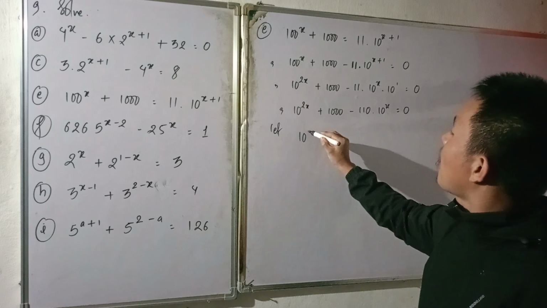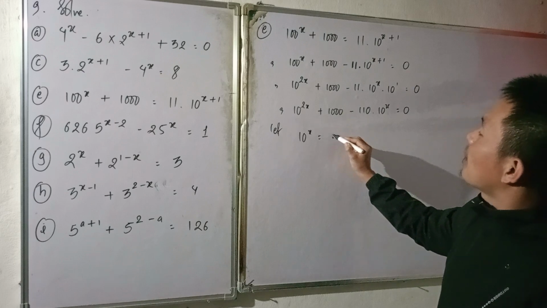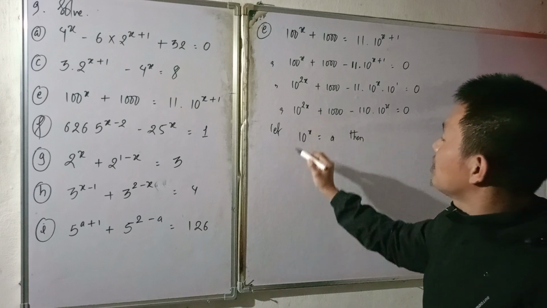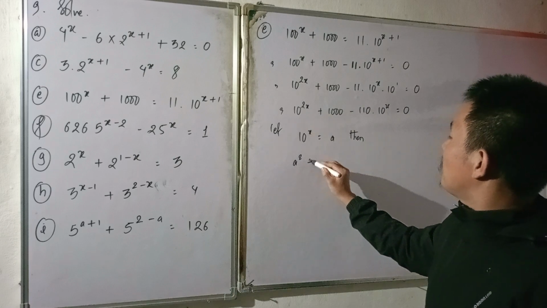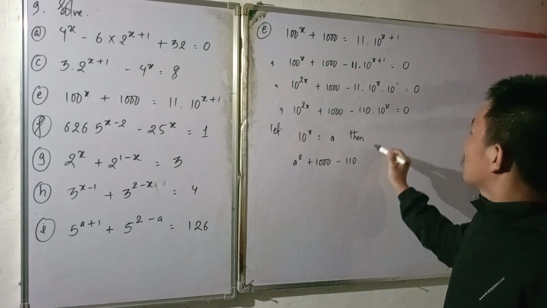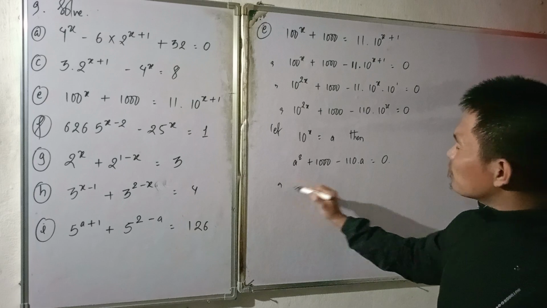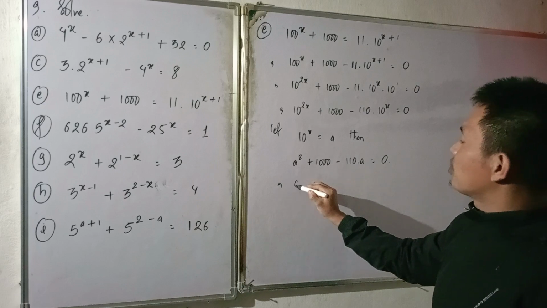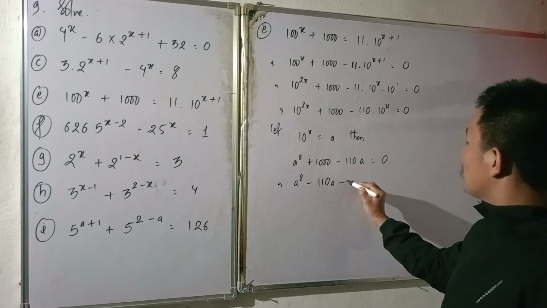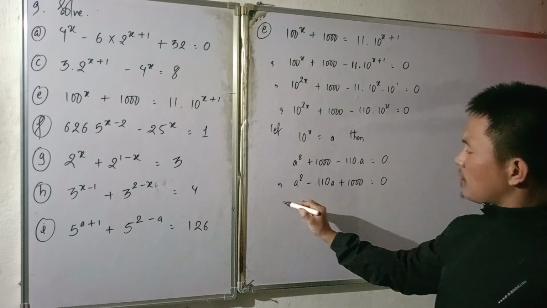Let 10 power x be a. Represent 10 power x by a. Then you can write a square plus 1000 minus 110 a equals to 0. Now try to arrange this in standard form: a square minus 110a plus 1000 equals to 0.